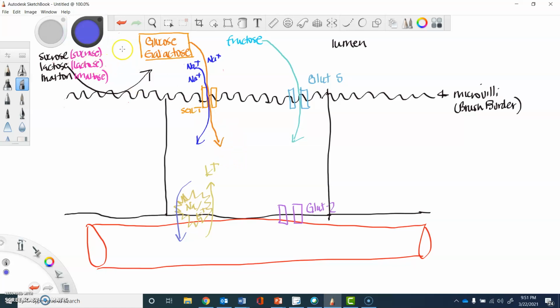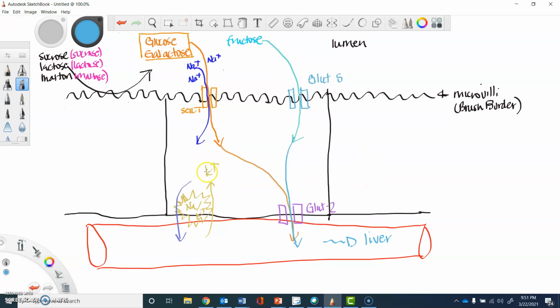So we have glucose and galactose, and we have fructose that will come in. And once in the bloodstream, then they go over to the liver to be processed. Okay.